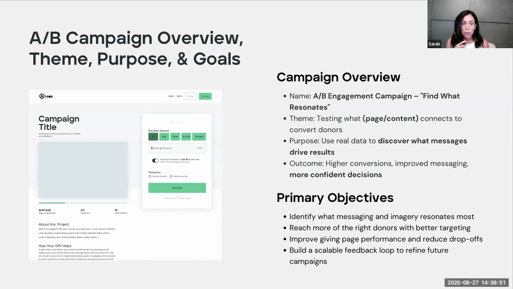This testing loop becomes like a force multiplier. You're not just improving this one campaign, right? You're collecting insights from that campaign that you can use all year long, for campaign messaging, general messaging, email messaging moving forward. And that is really truly how you can go from making your best guesses to creating best practices when it comes to your fundraising.